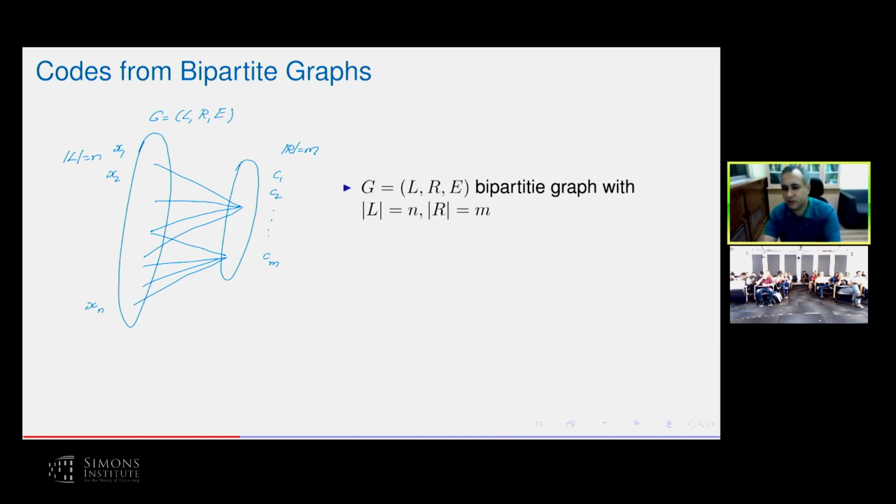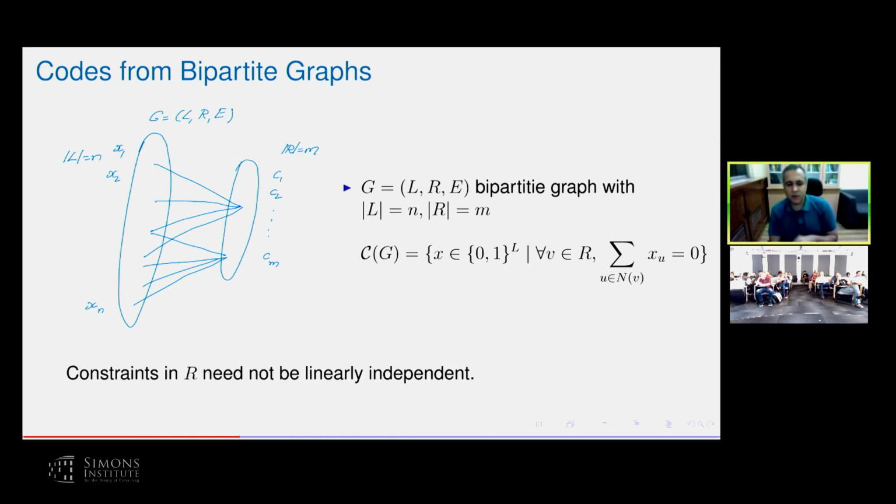I spell it out: I'm going to take all strings of length |L| such that for every right-hand side vertex v, which I call a constraint, the summation of x_u is 0, where u ranges over all neighbors of v. Given a bipartite graph, we can immediately define the corresponding code. So given G, there's C_G, the code that arises from this.